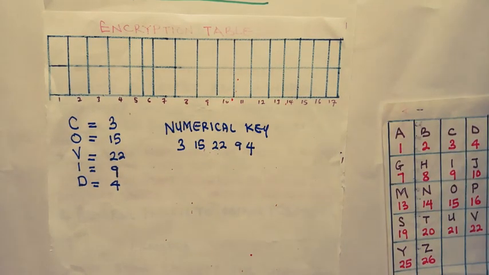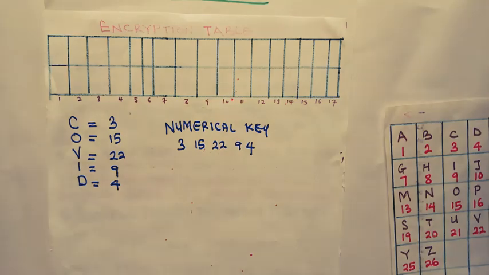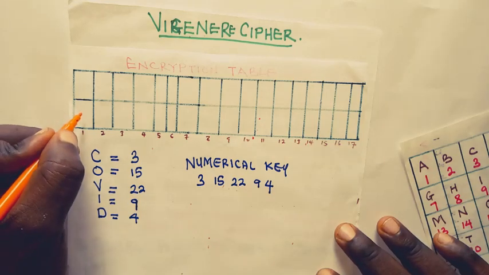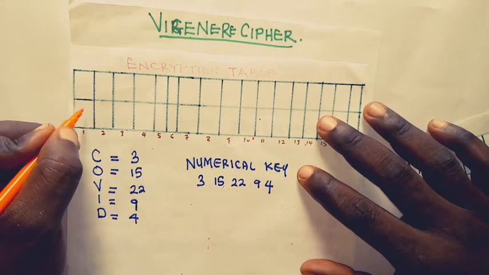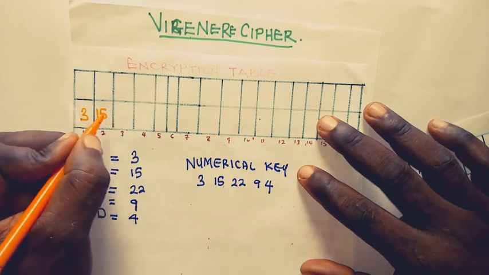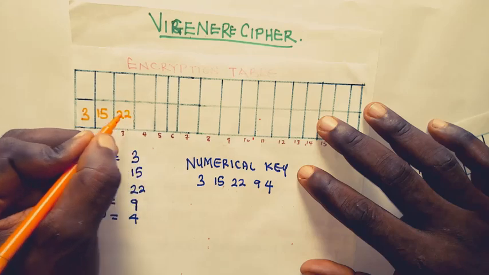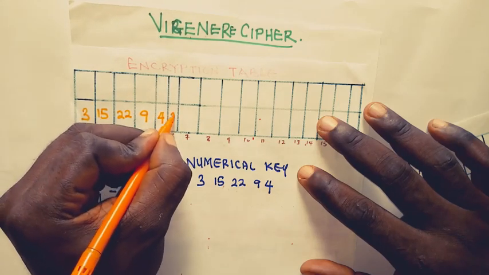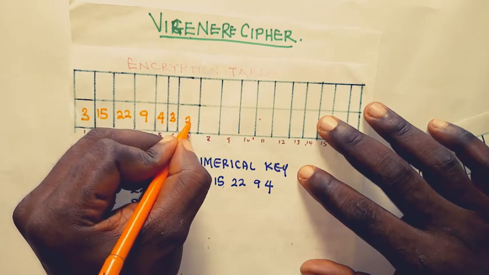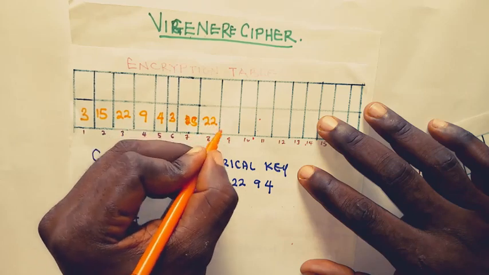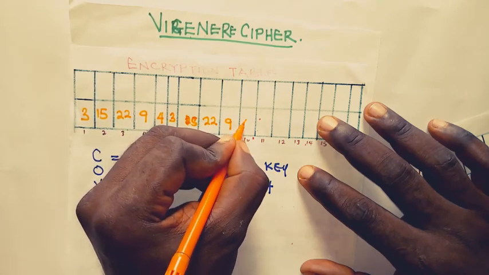So I quickly arrange that into my numerical table, my encryption table, and we begin decrypting. So I have 3, 15, 22, 9, 4. I repeat it: 3, 15, 22, 9, 4.